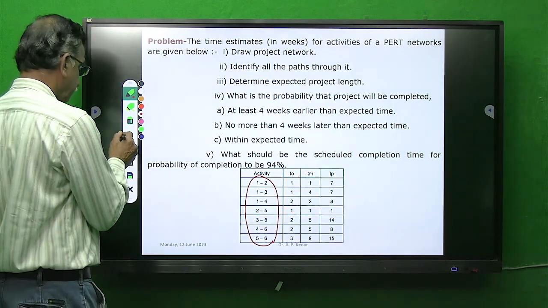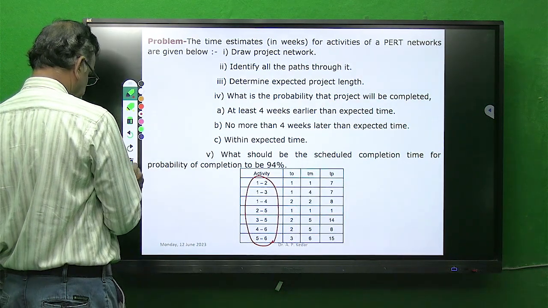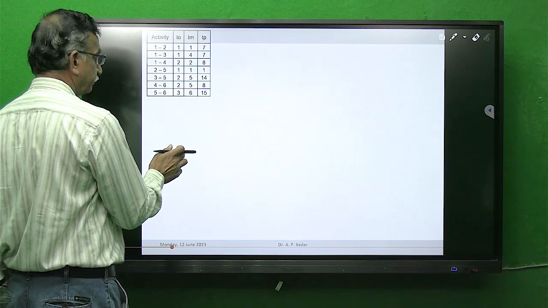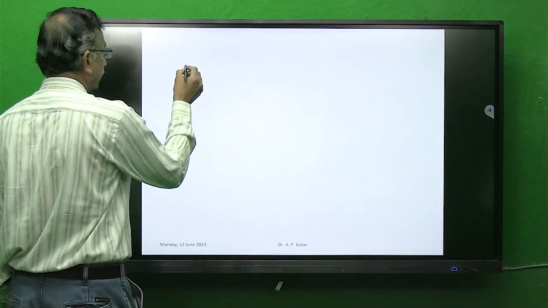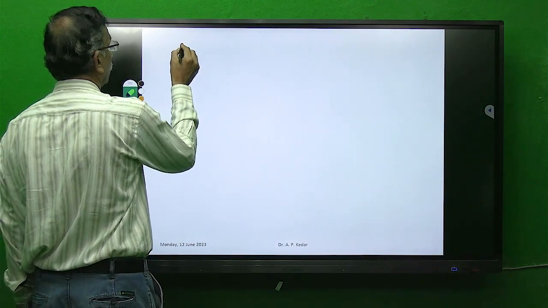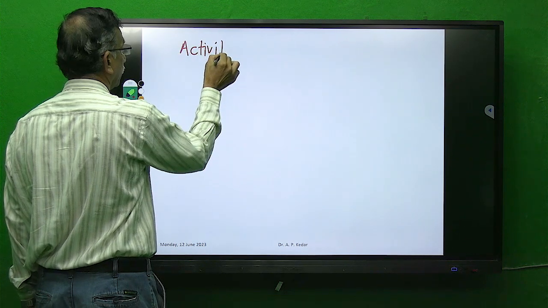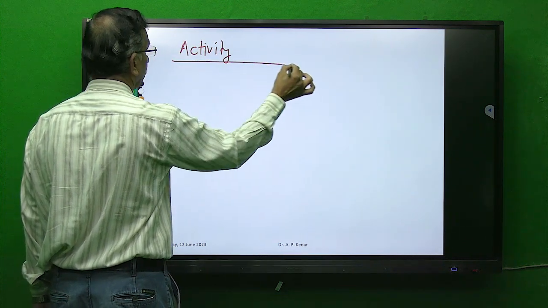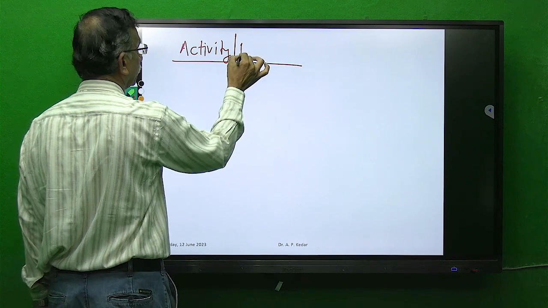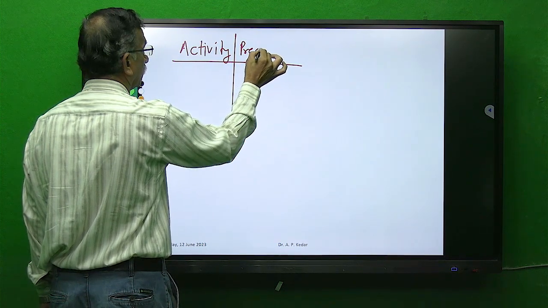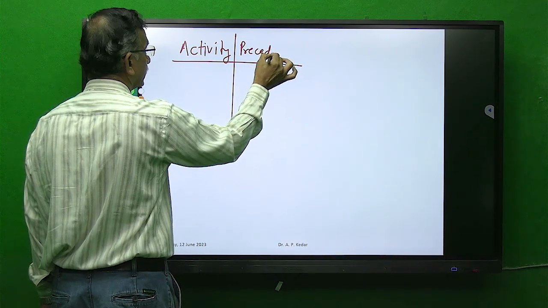Suppose we go one step ahead. That problem definition says activity, name of activity, and preceding activity.